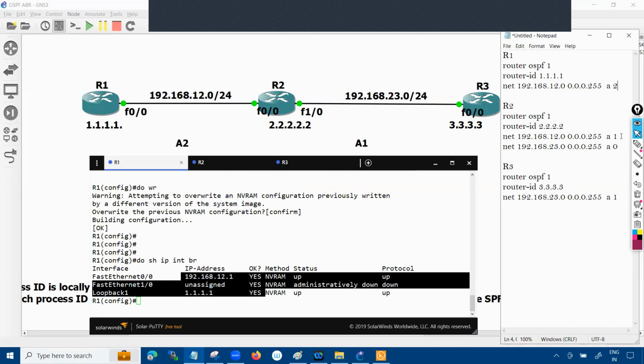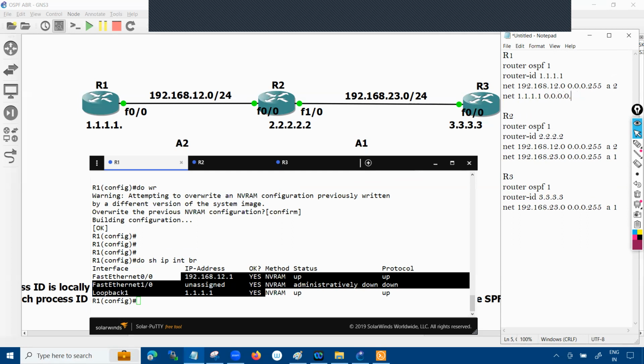It goes with area number 1, that's 23.3, and it's also going in area number 2. One more thing, if you see, I have a loopback in area number 1, sorry, area number 2, and also on R3 I have a loopback in area number 1. So I'll just copy this configuration on router number 1.